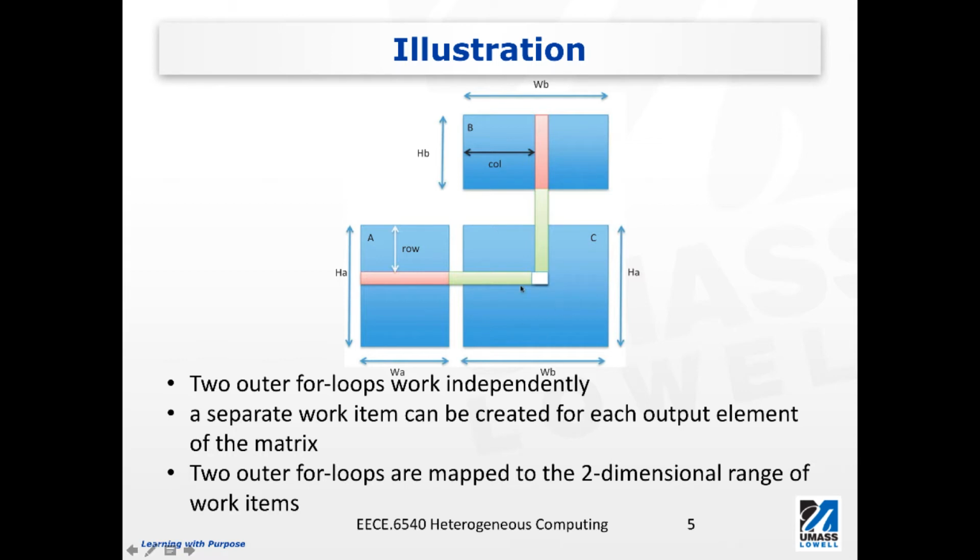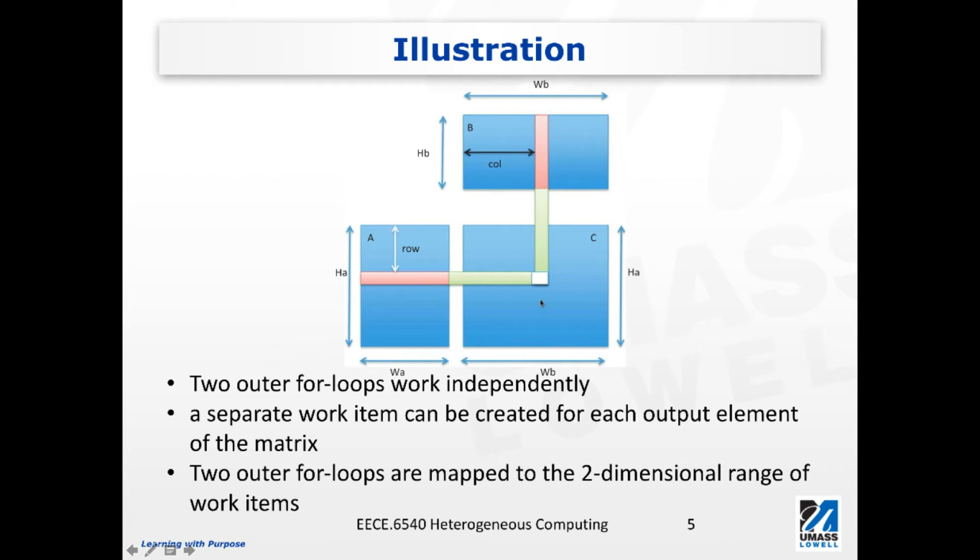For each element in matrix C, we can think of it as a separate work item. The concept of work item was mentioned earlier when we discussed the OpenCL concepts. A work item can be created for each output element of the matrix.